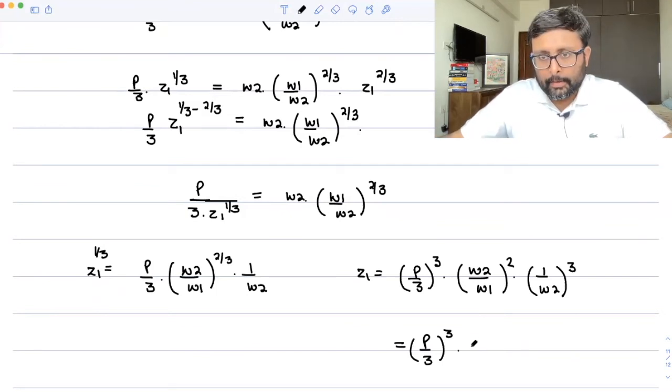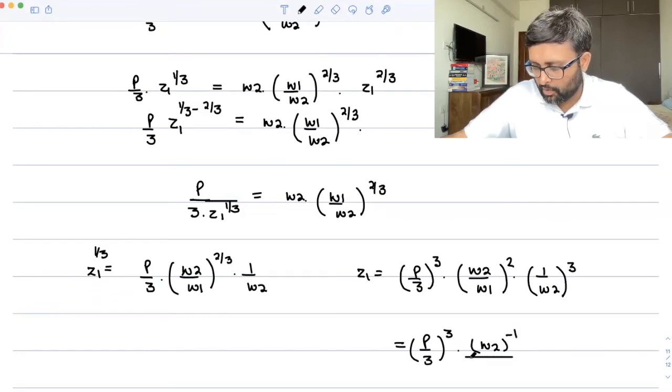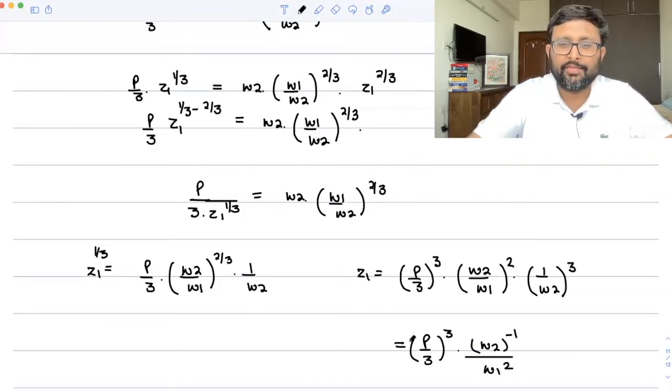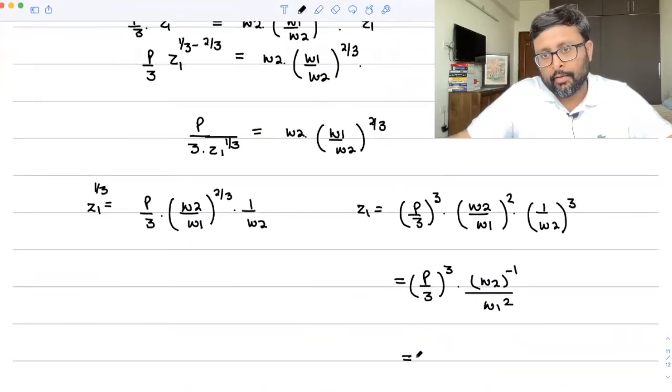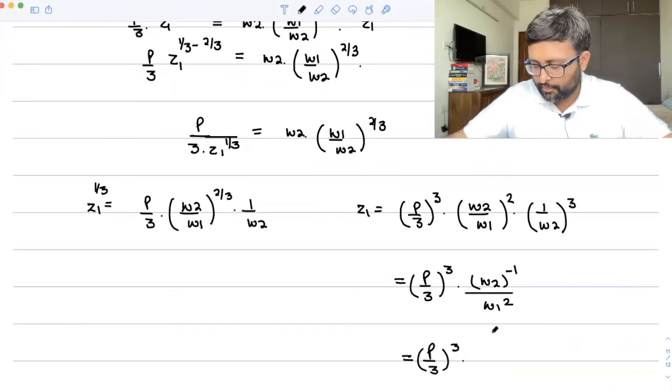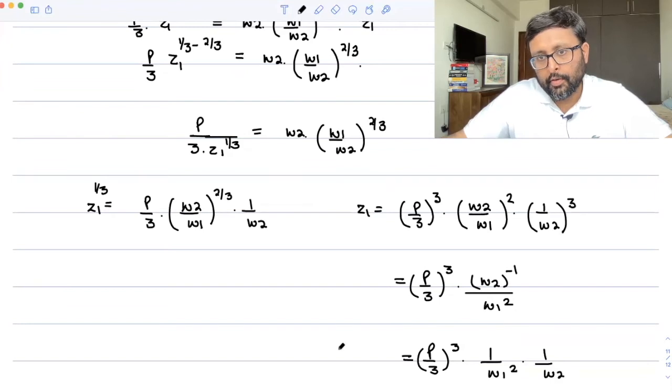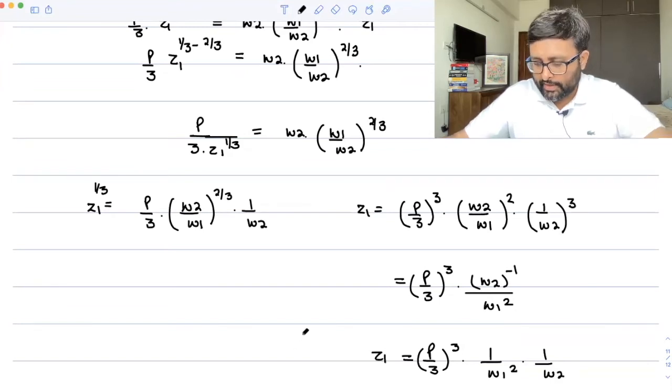So W2 to the power minus 1 upon W1 square. So I've just written it like this, 1 upon W1 square, 1 upon W2. So this is what Z1 star is.